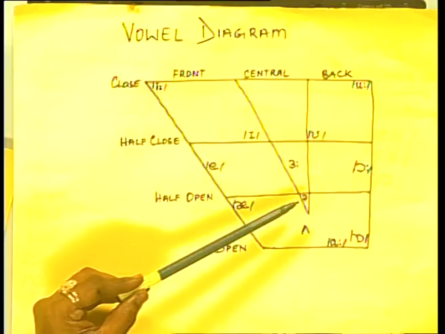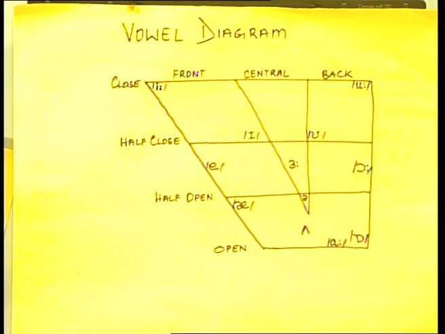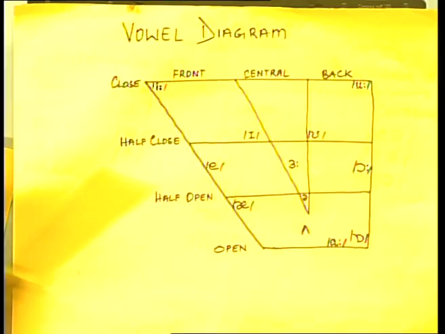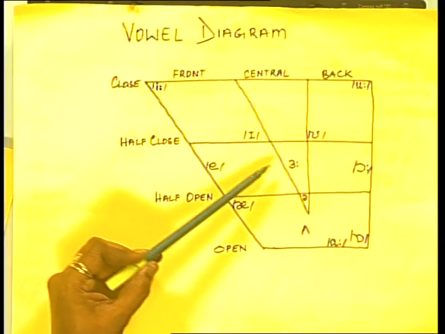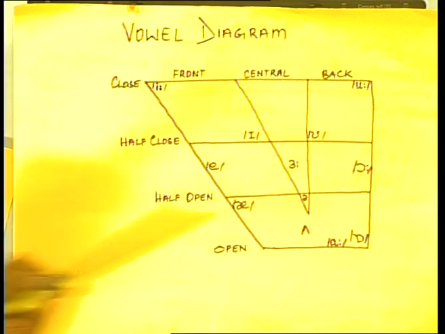The vowel a as in account, another, among, etc., which is present in the central region just below the half open position. The long form of the same vowel is present between half closed and half open positions in the central area.